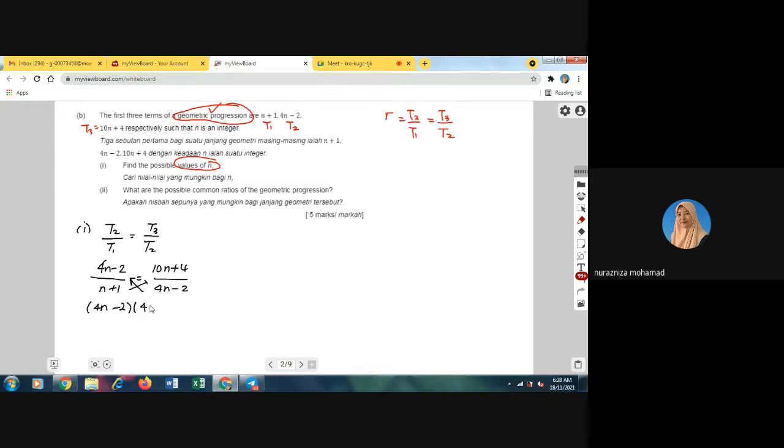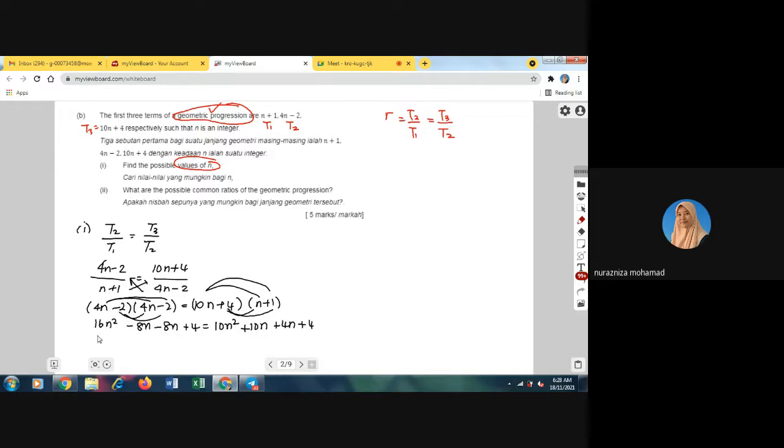So 4n minus 2 times 4n minus 2 equals 10n plus 4 times n plus 1. We expand. 4n times 4n is equal to 16n squared minus 8n minus 8n plus 4 equals 10n squared plus 10n plus 4n plus 4.